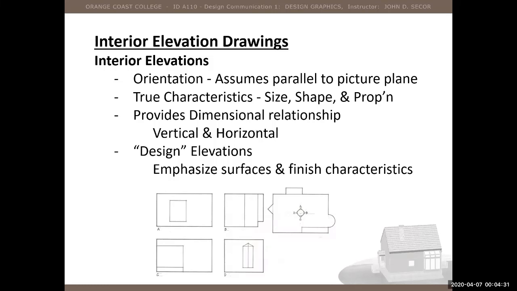For example, when we do a north exterior elevation, it's very simple to say that face of the building looks north. And when we do an east elevation, we're simply saying that side of the building faces east.